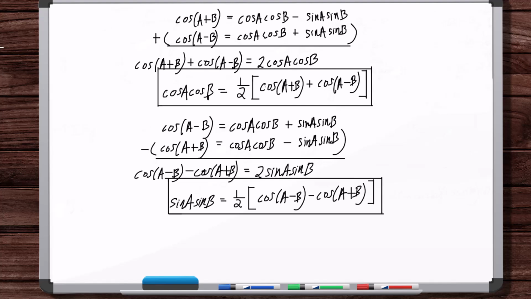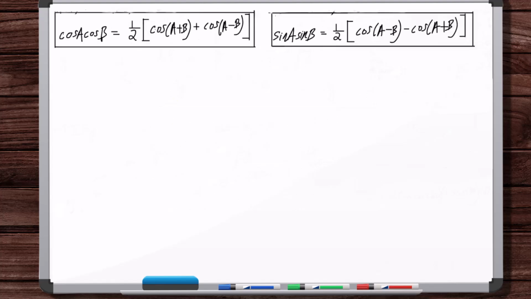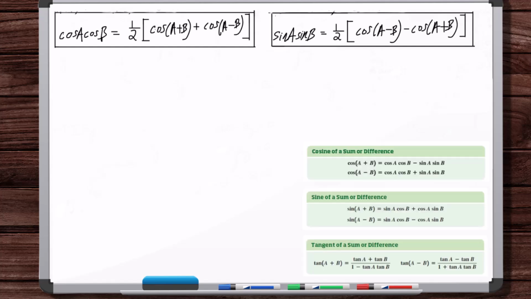Now let me make some room here. Now we can do the same process with the sum and difference identities for sine.